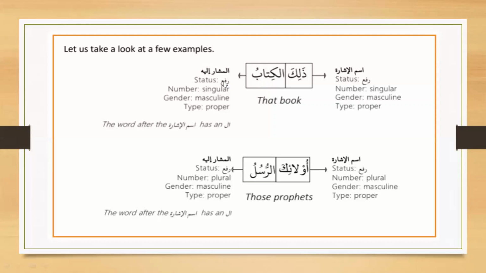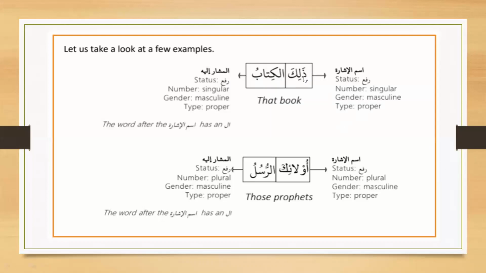Another rule was that both of these, the ism ishara and the mushar ilay, should match in all four properties. So let's see. Zalika, we know that ism ishara are fixed ism, right? They don't show their status just by the look.